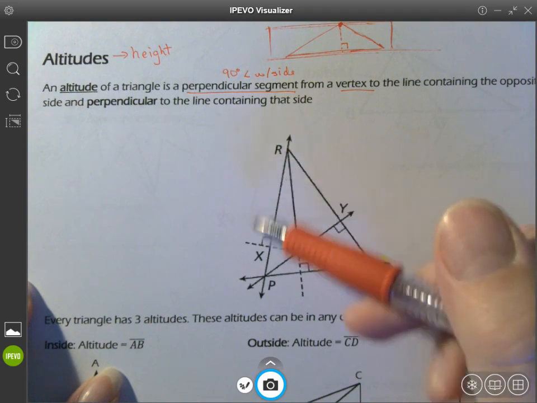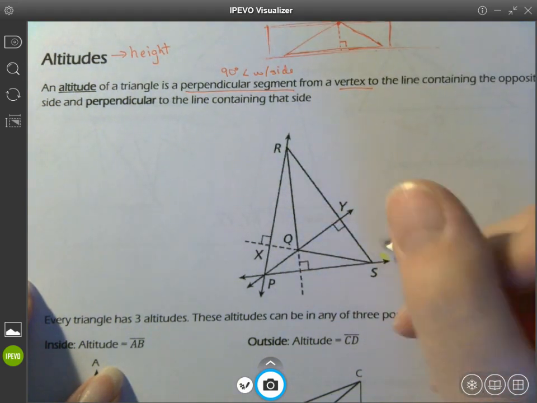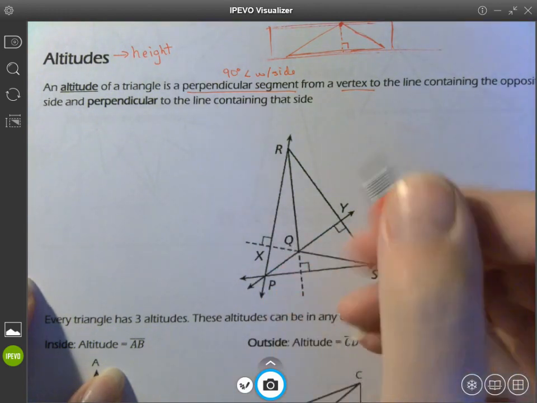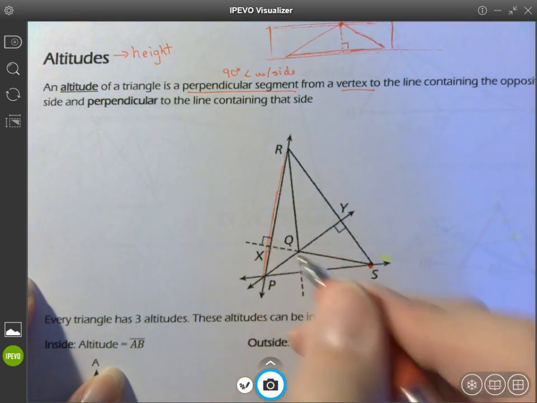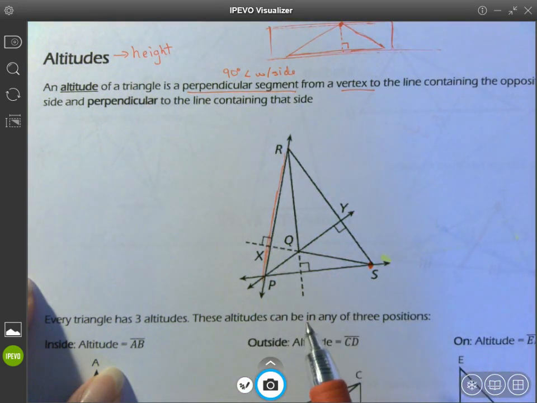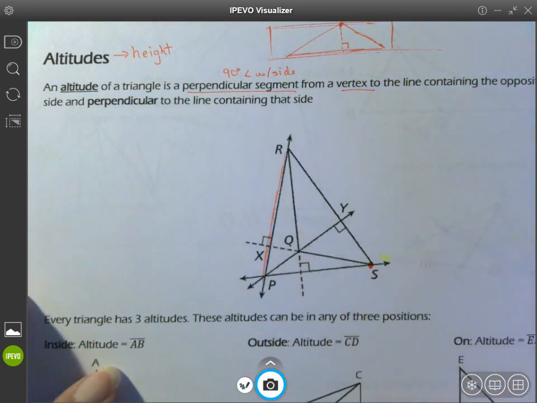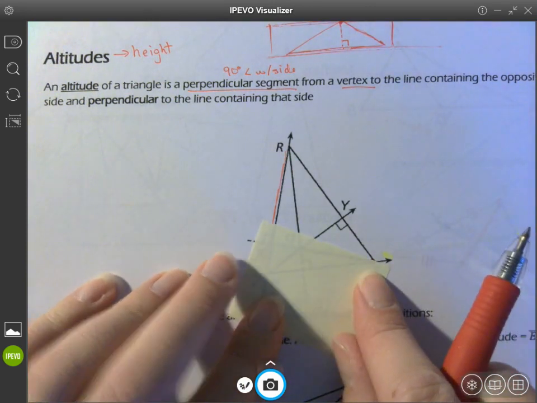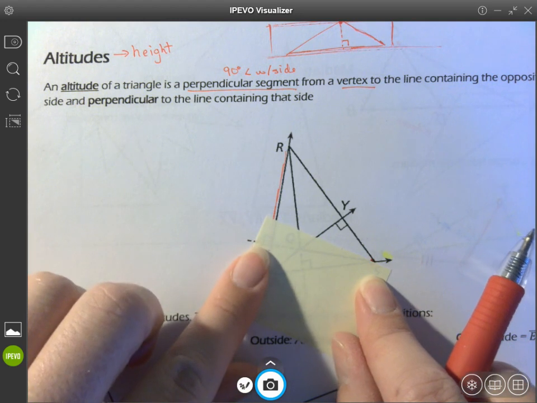Now, if you have an acute triangle, we're pretty set. Here is an altitude, so let me highlight this. I'm going from S over here to this side. Okay, so I actually can't, and when we did medians, we put a point and we connected it. You can't do that. What you would be doing is taking something and saying, okay, if I connect this point to my red line here, that doesn't look like a 90-degree angle.